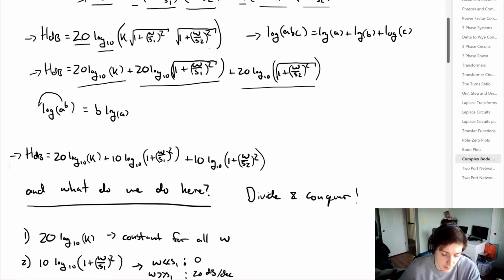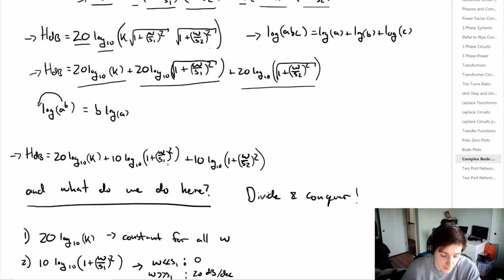If we look at that first term, we simply know that no matter the value of ω, we're always going to get 20 times log10 K. So it's a constant for all ω. Looking at the second term, we're going to have 10 log10 of the quantity 1 plus (ω divided by s1) squared.